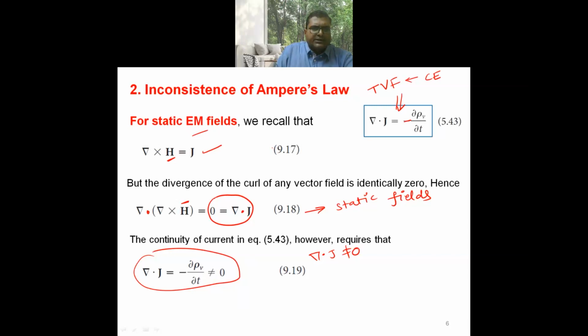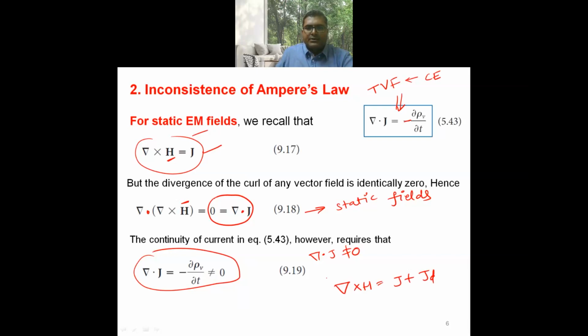This means that the equation del cross H is equal to J is insufficient for time varying fields. To validate Ampere's circuit law for time varying fields, some extra term is to be added.